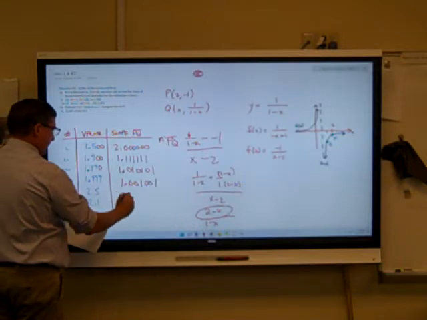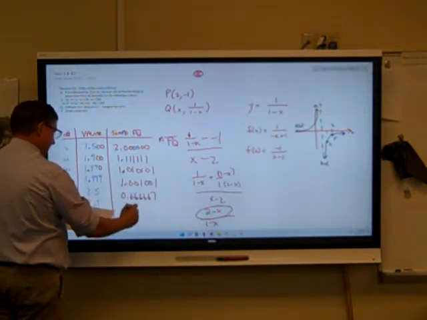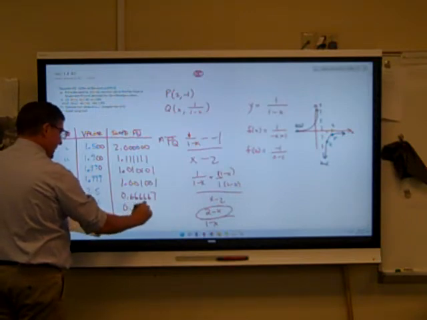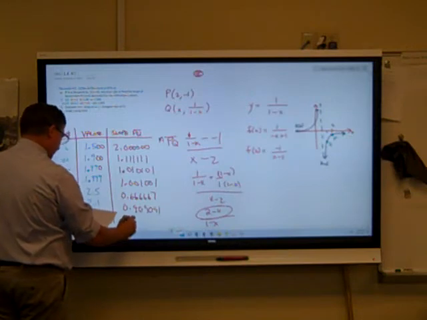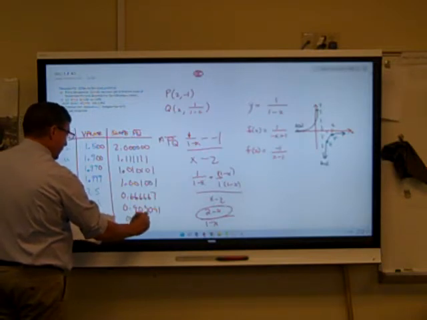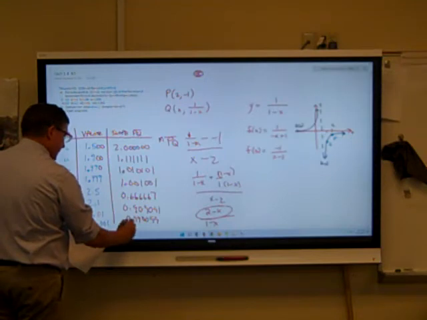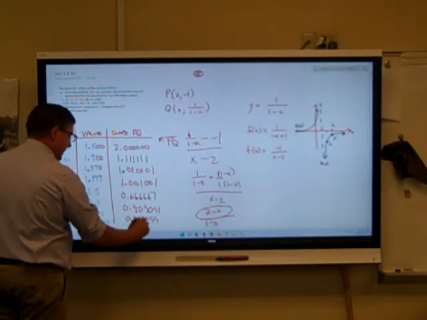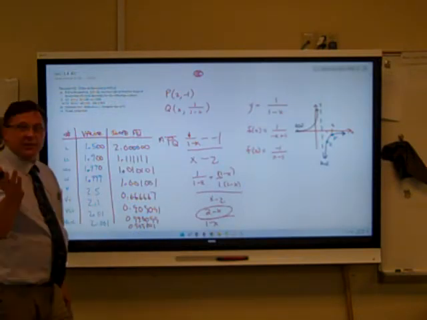So it's 0.666667, 0.909091, because you round, it's 90 repeating, 0.990099, and lastly 0.999001. And those are the secant slopes, guys.